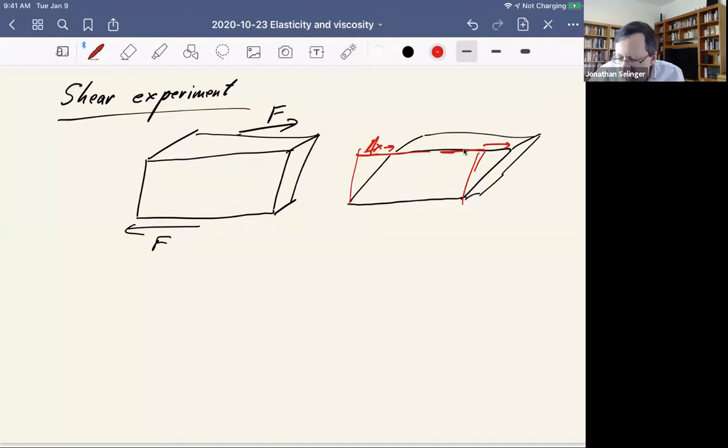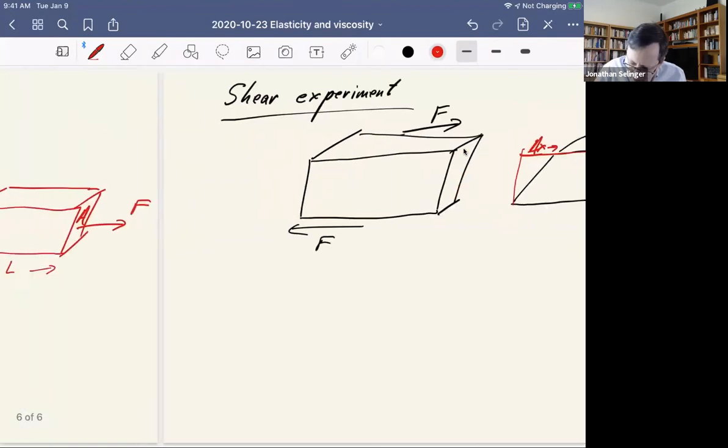And that delta x is proportional to the force that you apply. All right, if you apply a small force, you get a small distortion. If you apply a big force, you get a big distortion. People characterize that, again, by a stress and strain.